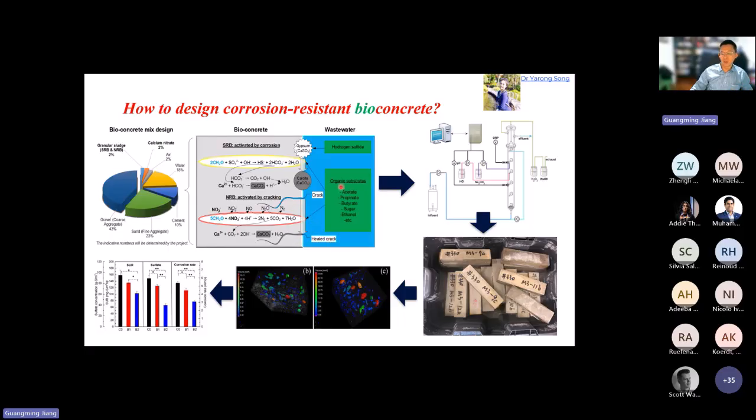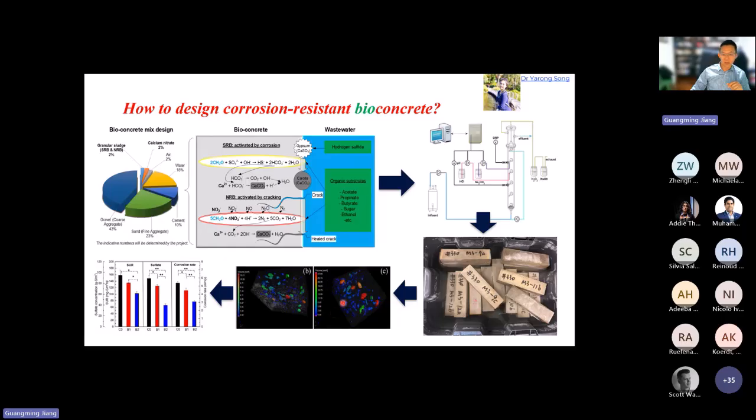That's a starting point. To achieve that, obviously we need to start with our wastewater cultivation work. So we use this UASB reactor, which is normally used for wastewater treatment, as a substrate to cultivate the granules of SRB and NRB. And then we test the concrete samples.